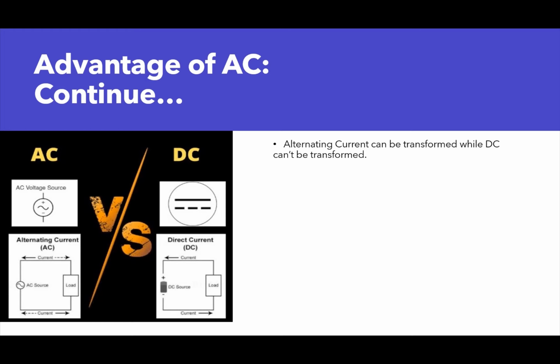But the short answer is alternating current can be transformed while DC cannot be. There is no other alternative. Second, a transformer permits voltage to be stepped up or stepped down. That is the definition of a transformer: it can step it up or step it down.